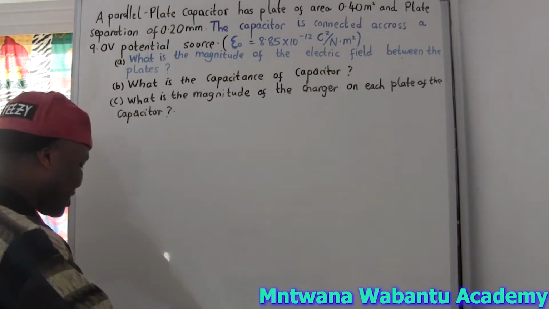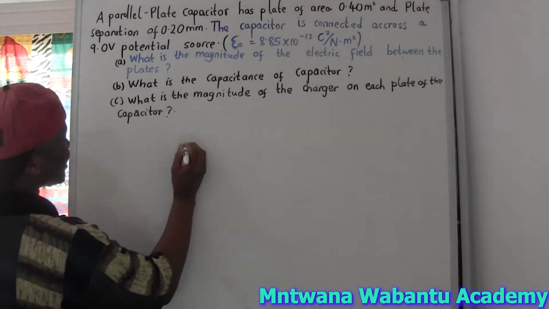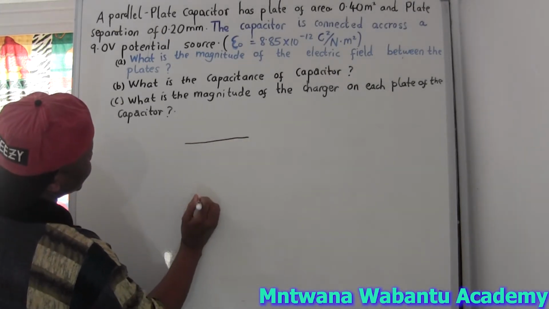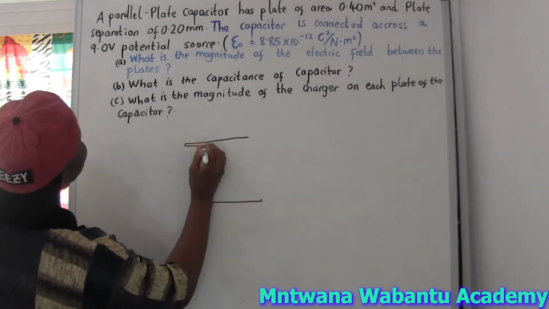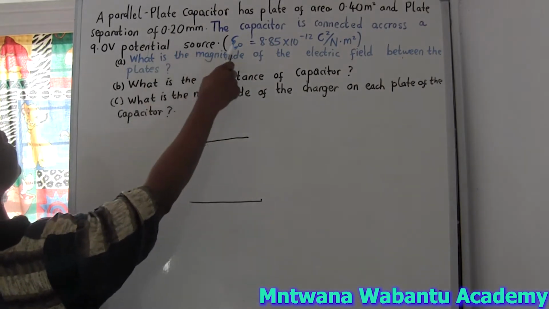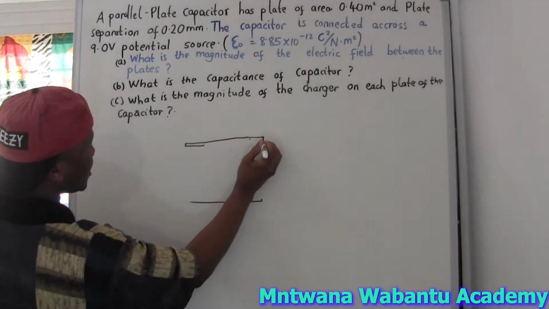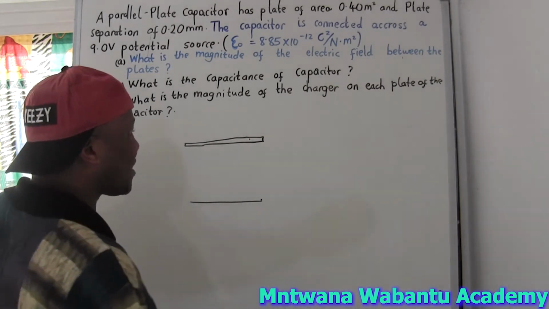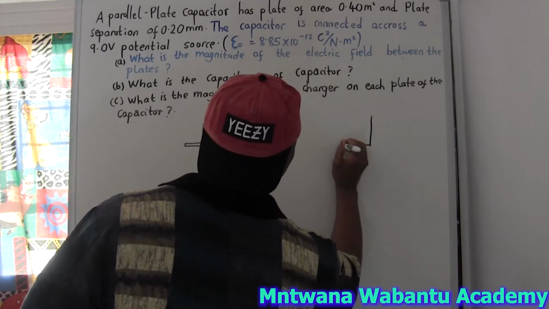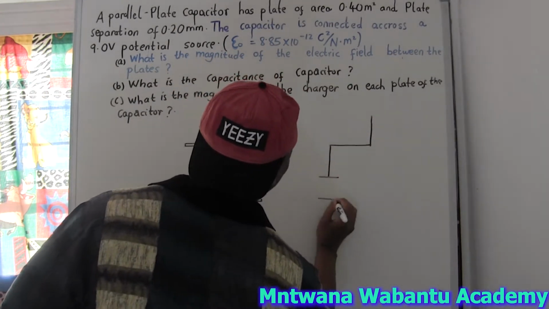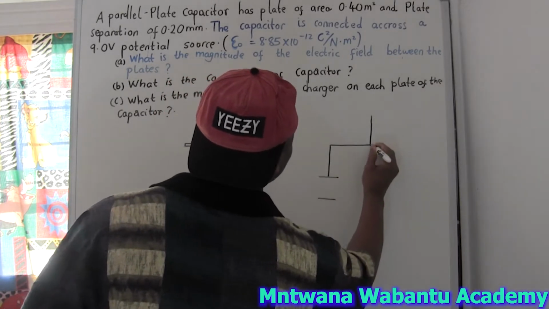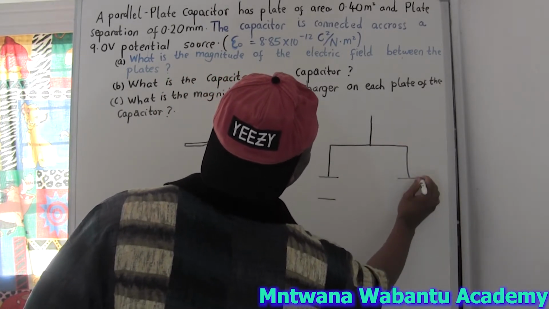So let's assume this is the first capacitor, and this is another one. Parallel capacitors, for example, if somebody gives you something like this, this is a capacitor, and then you have another capacitor.